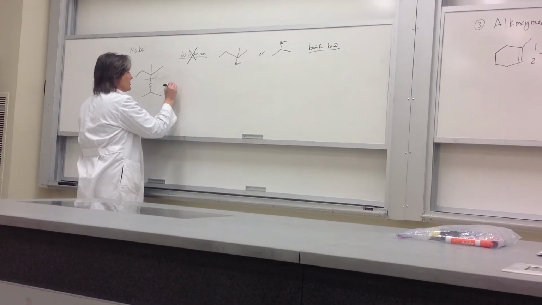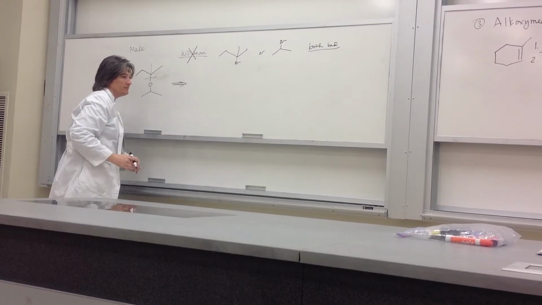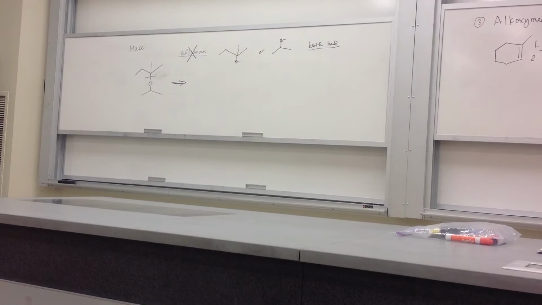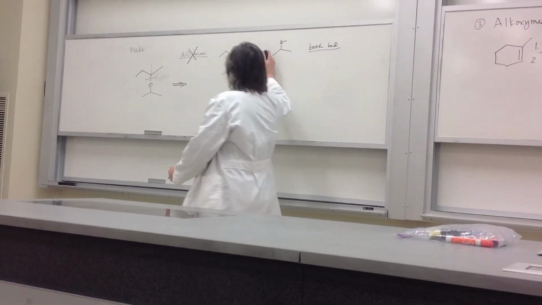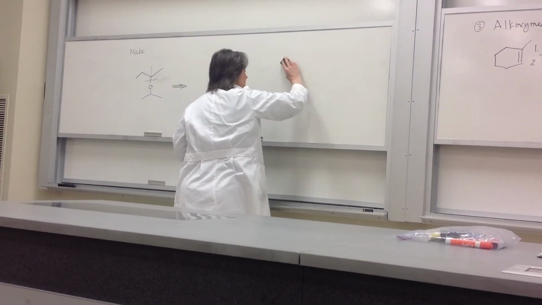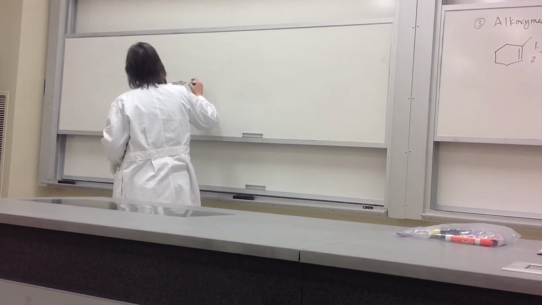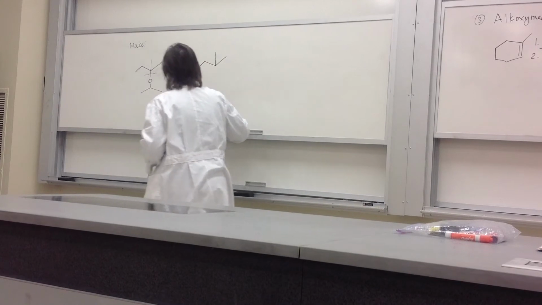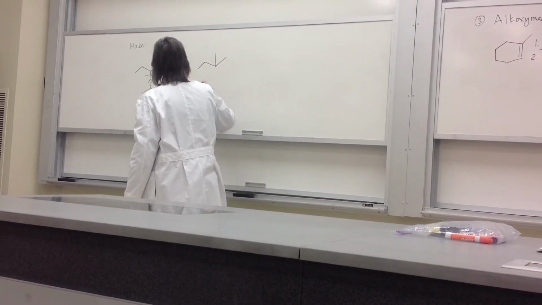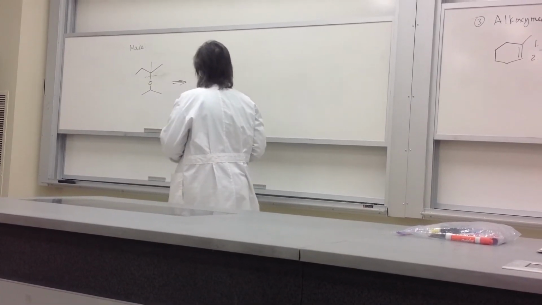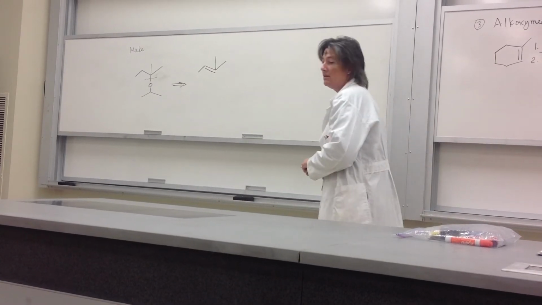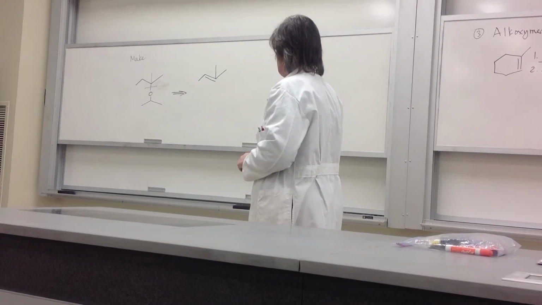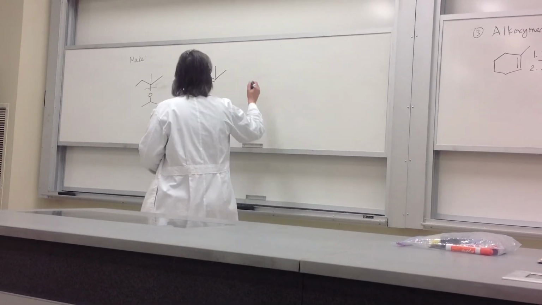So going backwards, let's see what I would need. Just like that. And if I put the double bond there, the geometry's a little goofy looking, but if I did that, let's think about it.